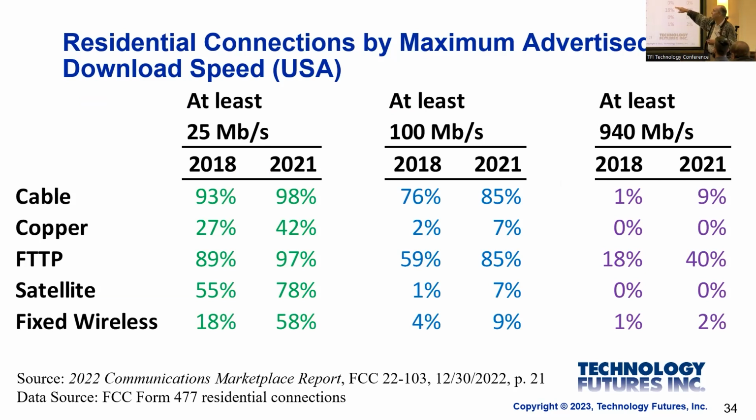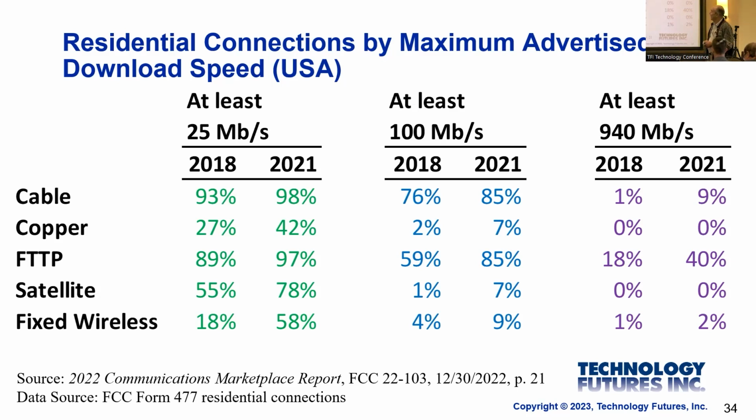So DSL, as we knew all along, was never going to get you much above even 200 megabits per second, much less above it. So it's 0% for a gig service. Fiber to the premises is now 85% at least 100 megabits per second. And 40% a gigabit. 940 megabits per second is almost a gigabit.